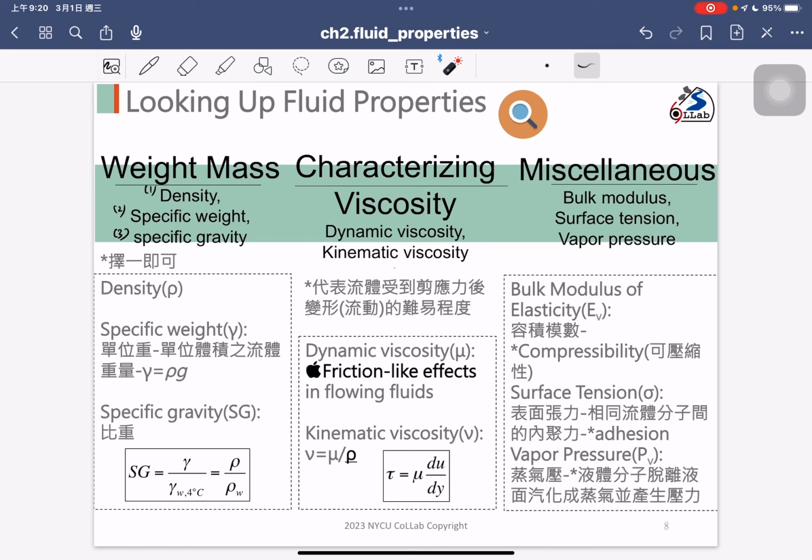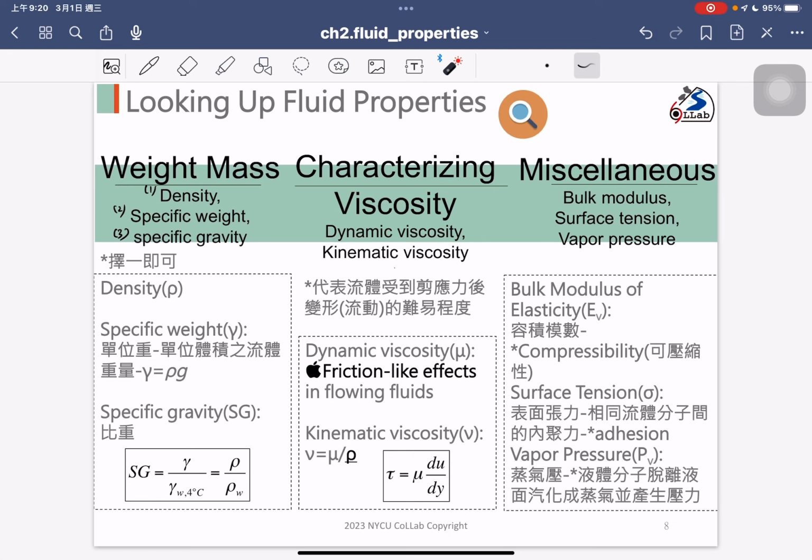Usually the reference density is that of water at 4 degrees. Okay, this is our reference density. In the following slide, I will teach more details about that.